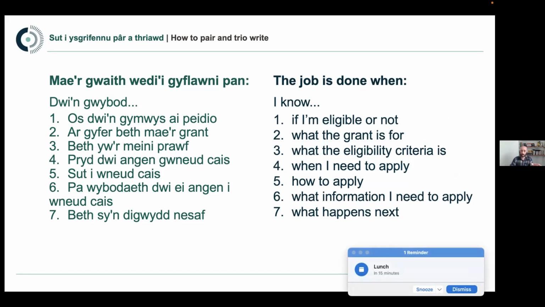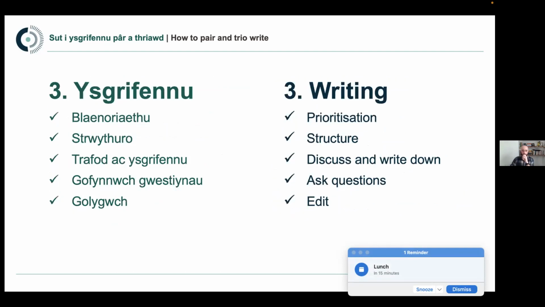Then you can start thinking about turning this into headings. For example, how much is a grant? In this case, we're talking about a grant. From that acceptance criteria, you can think of how much is a grant, eligibility, apply, contact us, and you start discussing these headings.